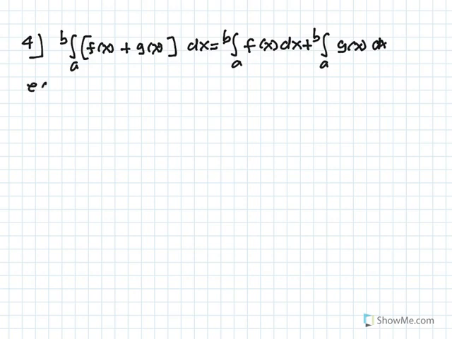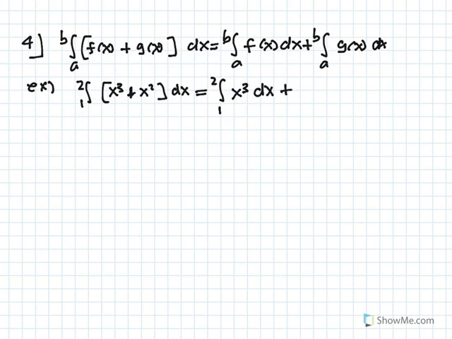Let's give an example. The integral from 1 to 2 of x cubed plus x squared dx is equal to the integral from 1 to 2 of x cubed dx plus the integral from 1 to 2 of x squared dx. The integral of a sum is the sum of the integrals.